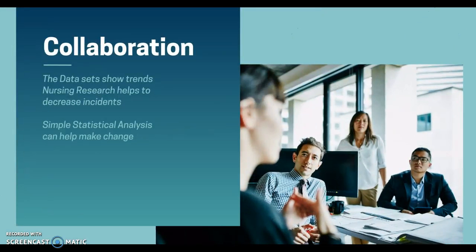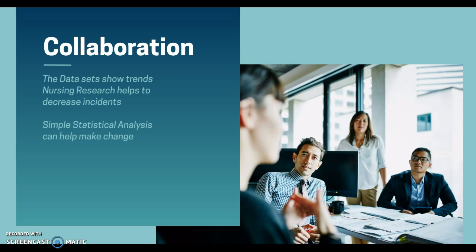So, the collaboration that has come, nurses now have taken the CAUTI data and have really started being an advocate for the patient to get the Foleys out. There's new devices that are out there because of all this data that we've had.